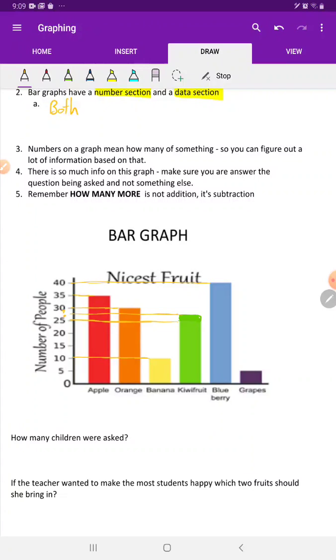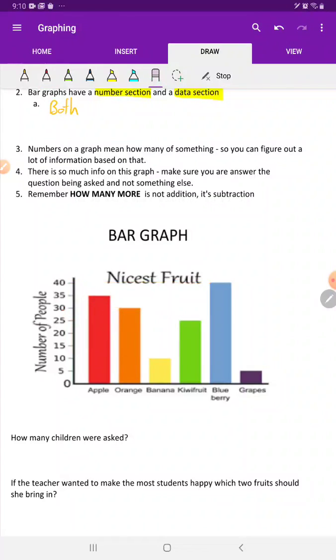It's not 39. 39 would be really close up here. And it's not 26 because 26 is down here. This line is either going to be a 27 or maybe a 28. And I would accept either one of those because that's hard to tell. All right, but please be precise on this.